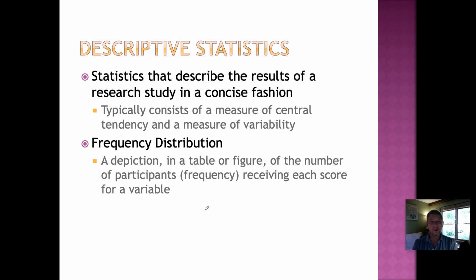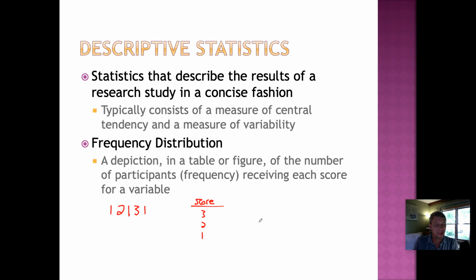All right. So let's say, for example, that you had 10 data points. Let's keep it easy. We have 5. We had a 1, a 2, another 1, a 3, and another 1. Okay. My frequency distribution would simply have the score, and I'm going to list them from highest to lowest.